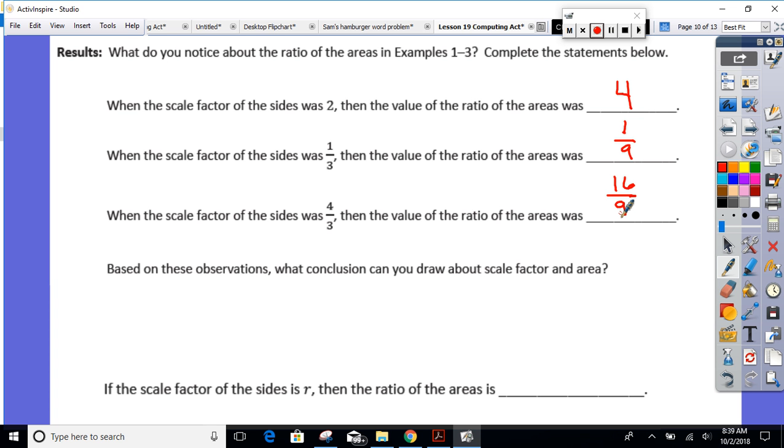And it says, based on these observations, what conclusion can you draw about scale factor and area? Do you see any pattern between what's going on for the scale factors and what's going on for the ratio of the areas? Ava sees it. Does anybody else see it? Okay, Emily sees it.